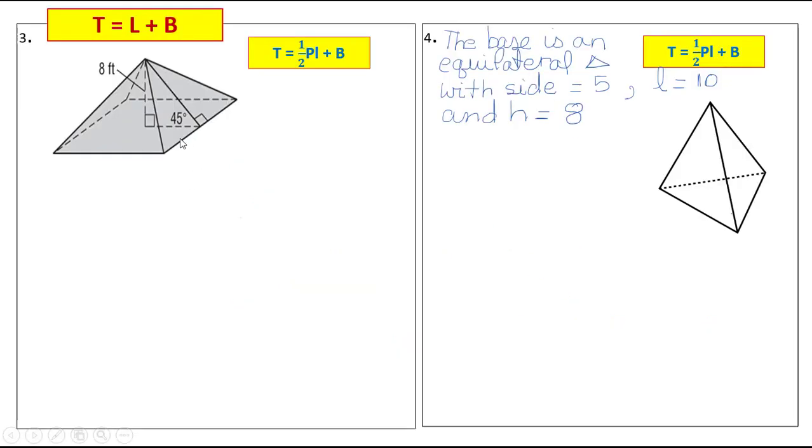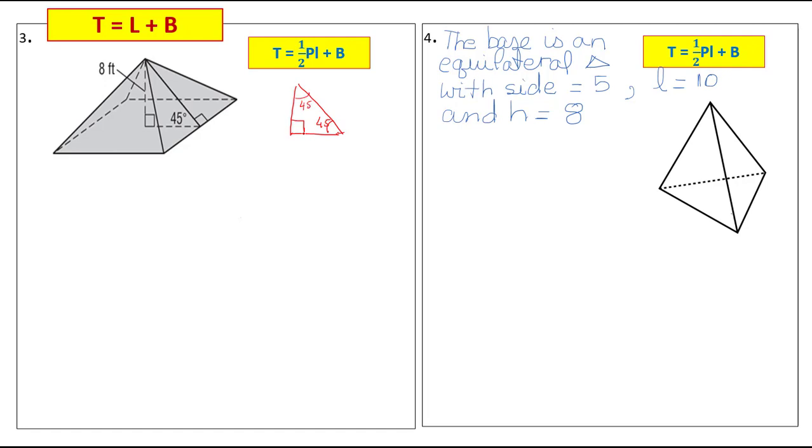Now, if we want to find the total surface area, we have here the height is equal to 8, and this forms a triangle. One of the angles of this triangle is 45. Then by subtracting from 180, 45 plus 90, this will give me 45 too.